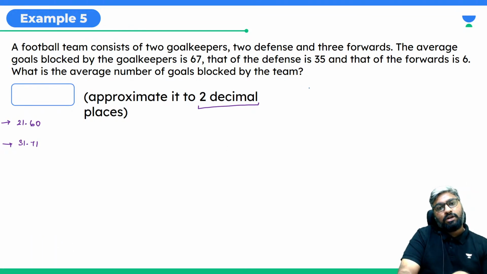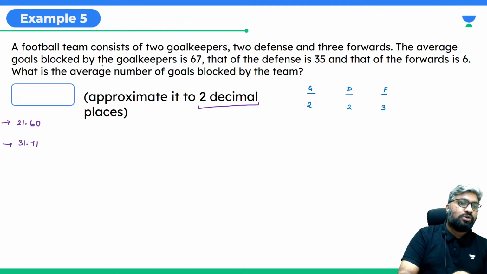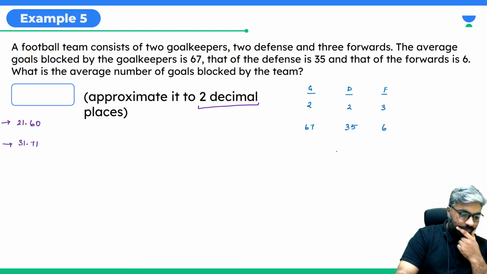So here's the football team. There are 2 goalkeepers, 2 defense players and 3 forward players. Average goals blocked by the goalkeepers is 67. Defense is 35 and forward is 6. Yes.